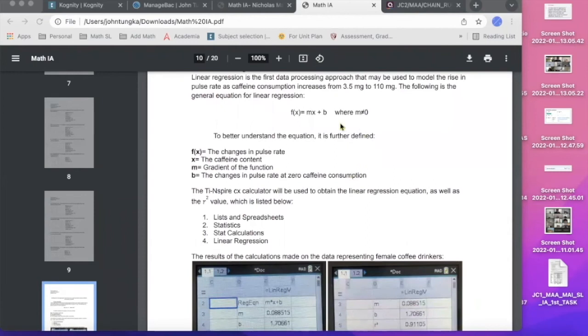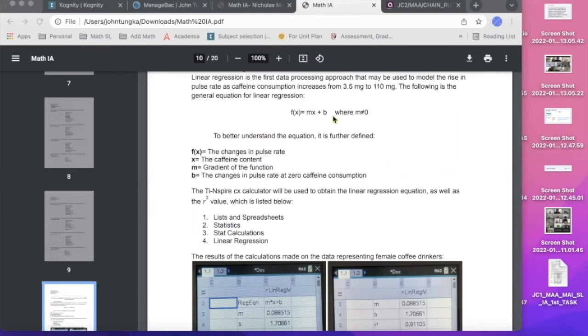Now, next one. Do you use insert formula to write this? Yes. Are you sure? Yes. And also this one? No, no. Okay. Make sure you use insert formula in Word document for symbols or equations.